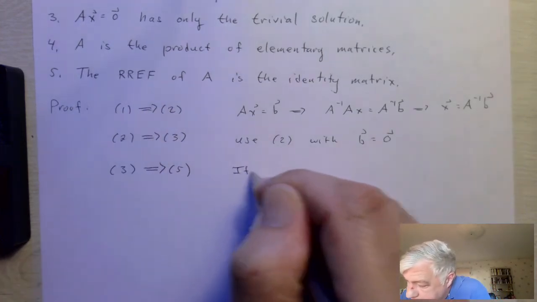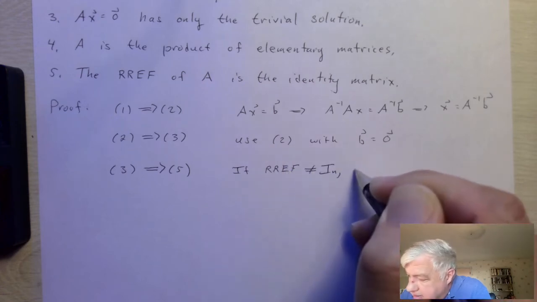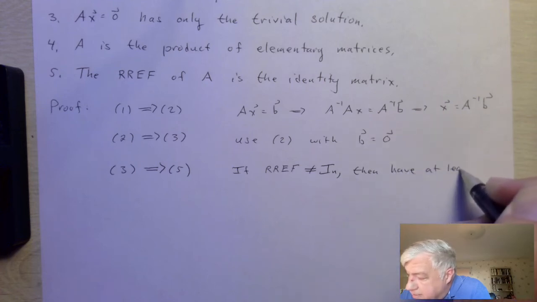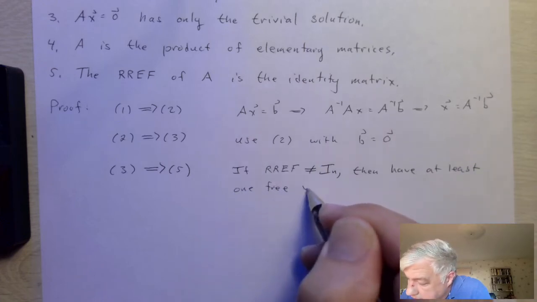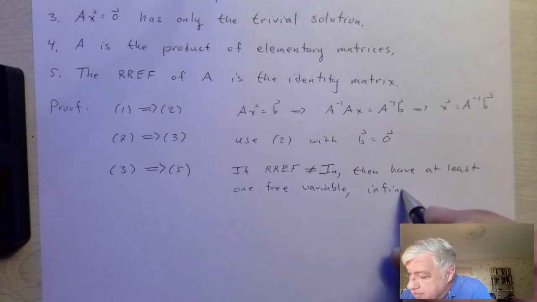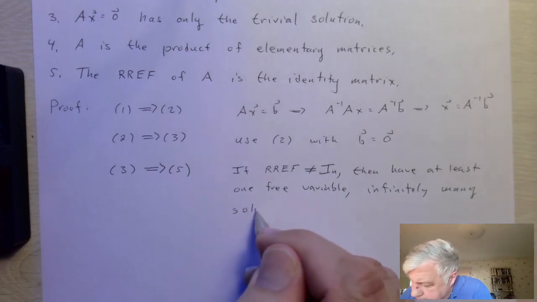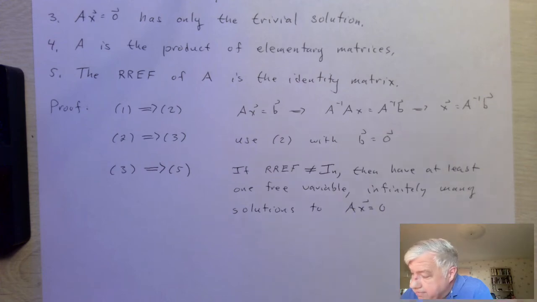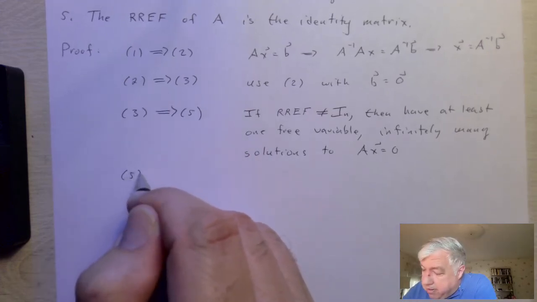So if the RREF is not equal to the identity, then we have at least one free variable and infinitely many solutions to AX equals 0.